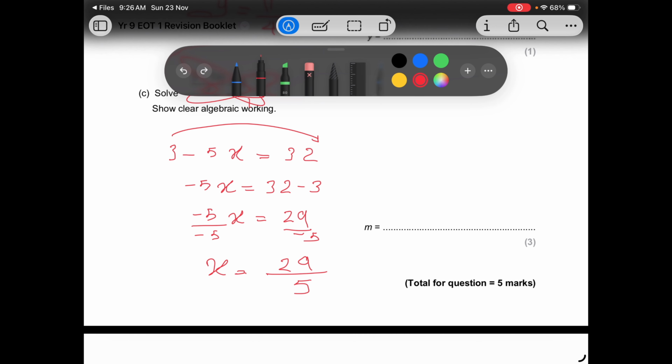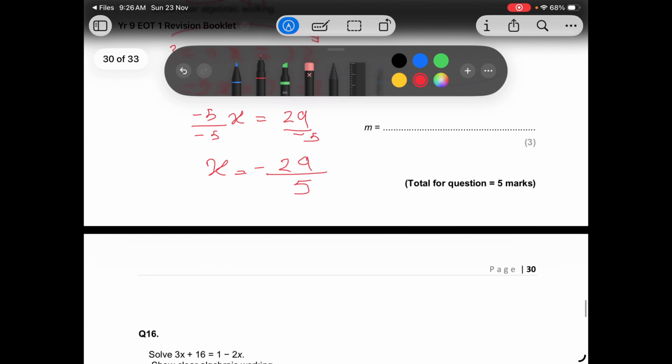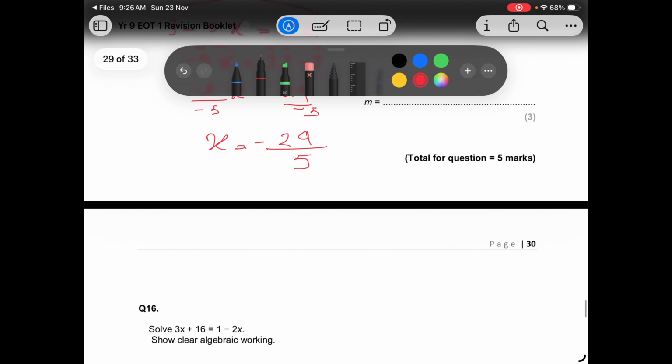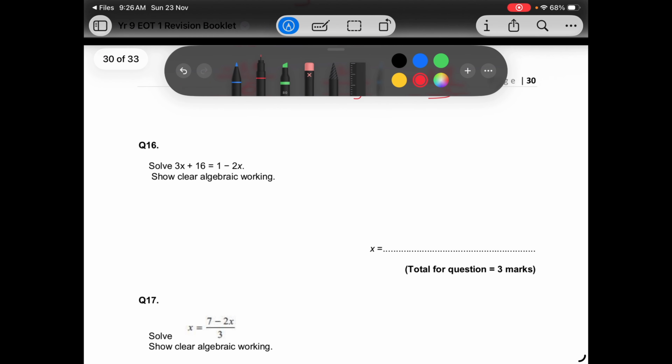So it will be minus 29 over 5. So what I'm trying to say is that minus 29 over 5 and 29 over minus 5 are the same thing, okay? Look at this, guys.